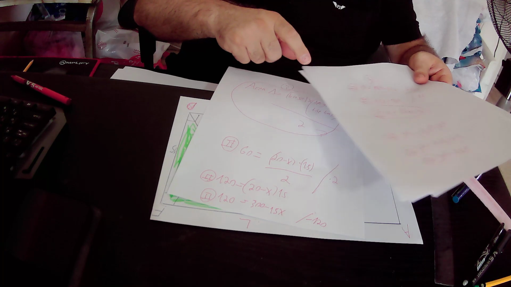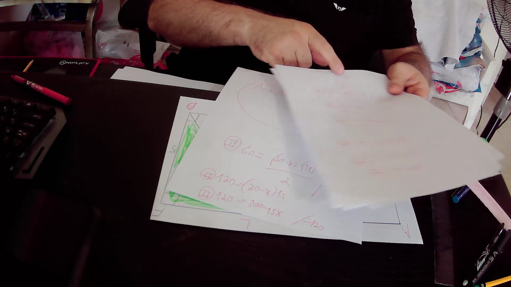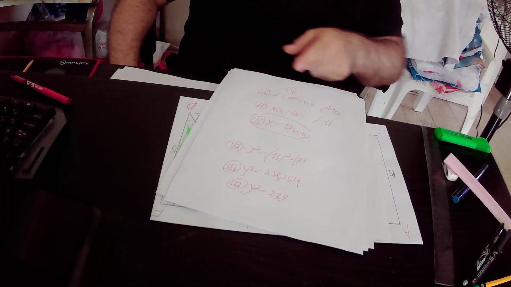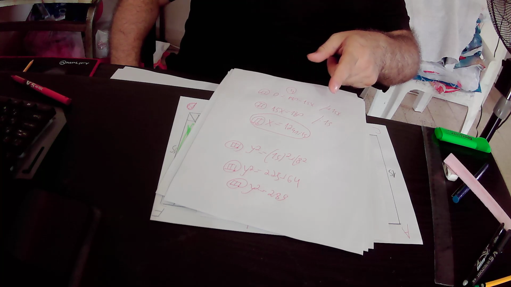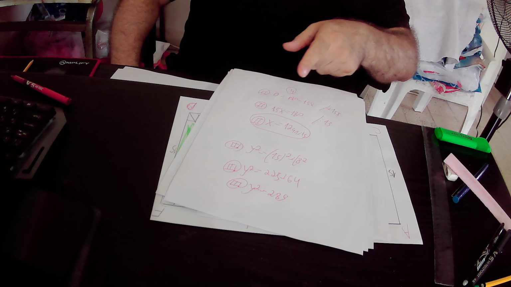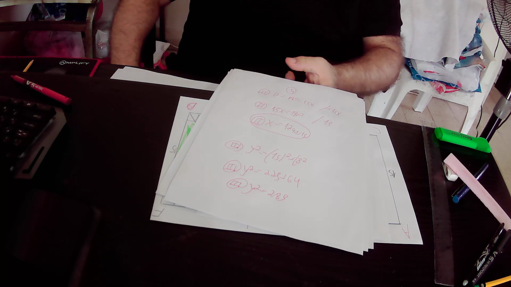So in total we got here that 0 equals 180 minus 15x. We added 15x to the second equation and we got that 15x equals 180. We divided equation number 2 by 15. We got that x equals 12 units.